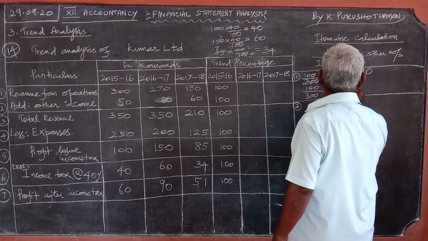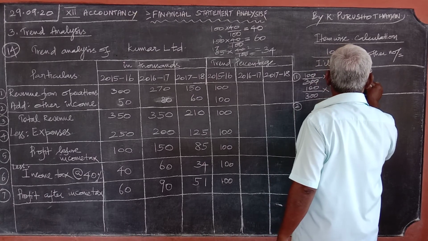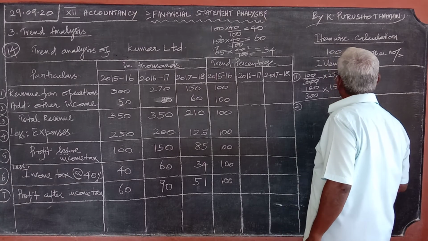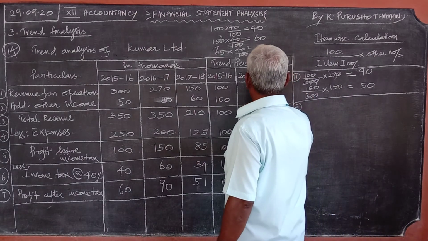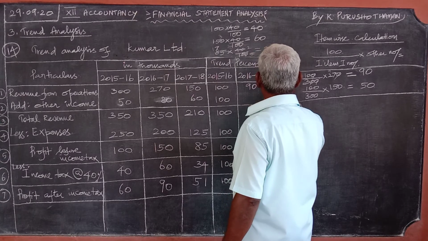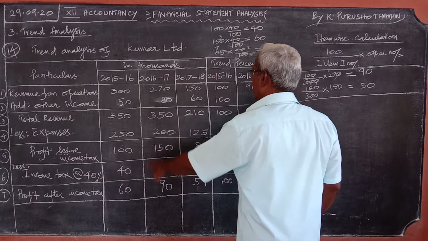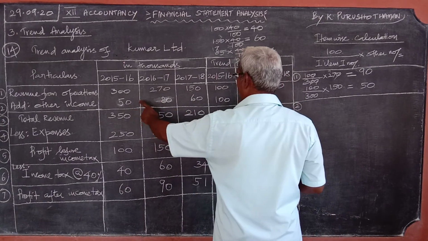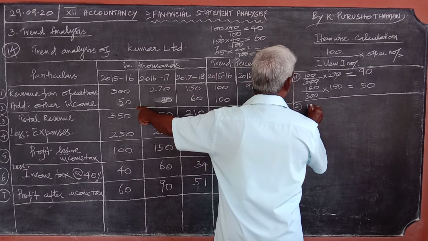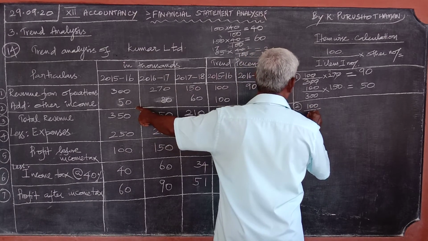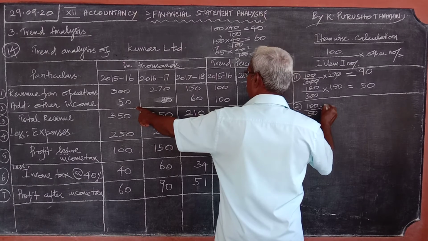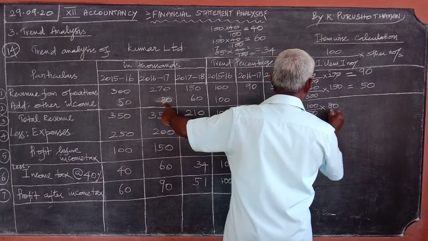Then here 1/3 of 150, 50. So 90%, 50%. Right.